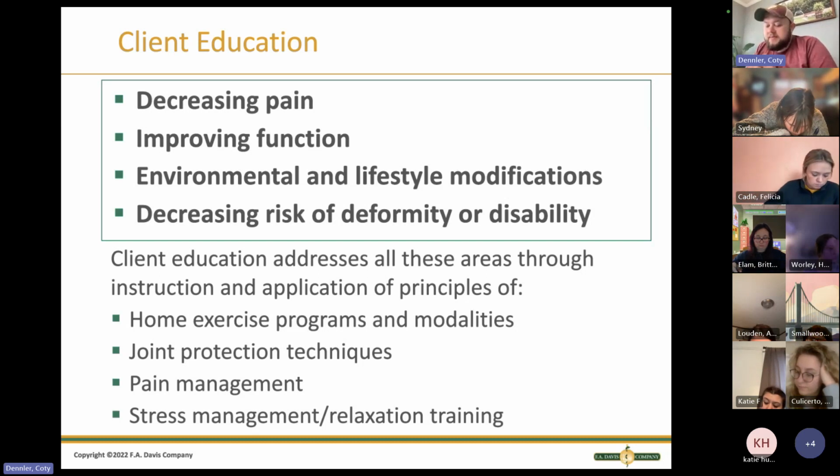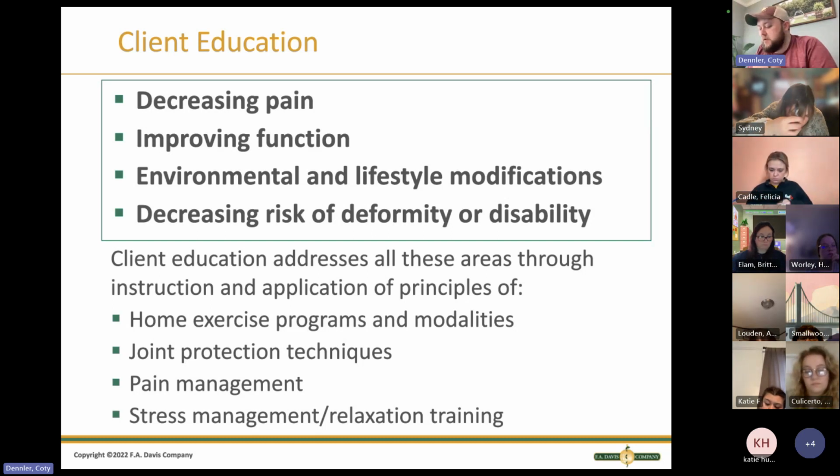So I think that this chapter does a really good job of giving you guys some visuals on some practical ways to help clients. We're going to start going through these different pictures. So figure 24-1, use larger movements of the body to accomplish everyday tasks to preserve smaller joints.